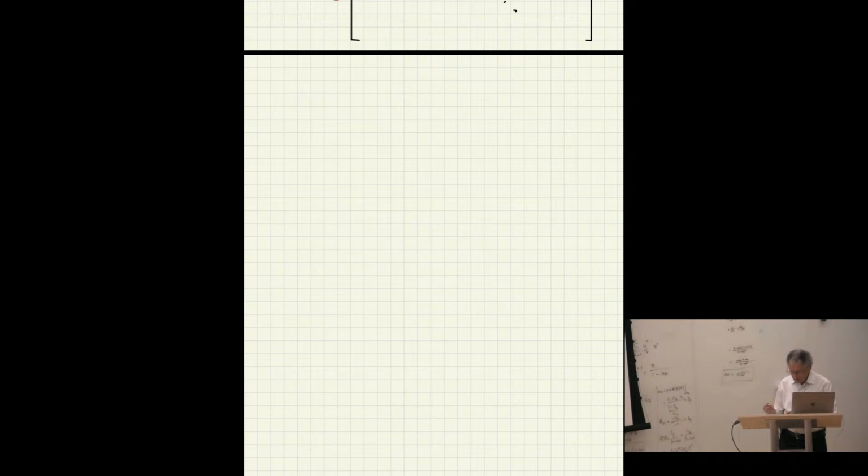So I'm going to write some more notation down now. So the assumptions for our birth-death process are the following.